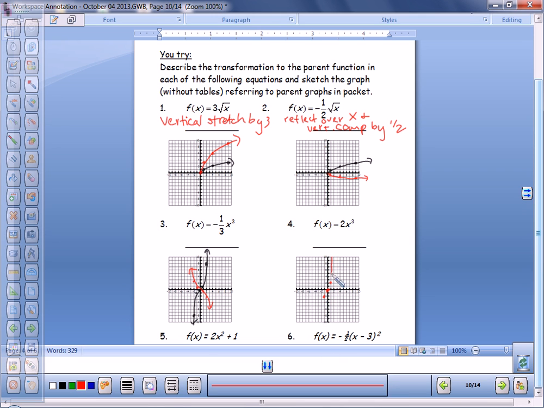Does not fit. So this has really been vertically stretched by a factor of 2. This one is a reflection over the x-axis and a vertical compression by a factor of 1/3.